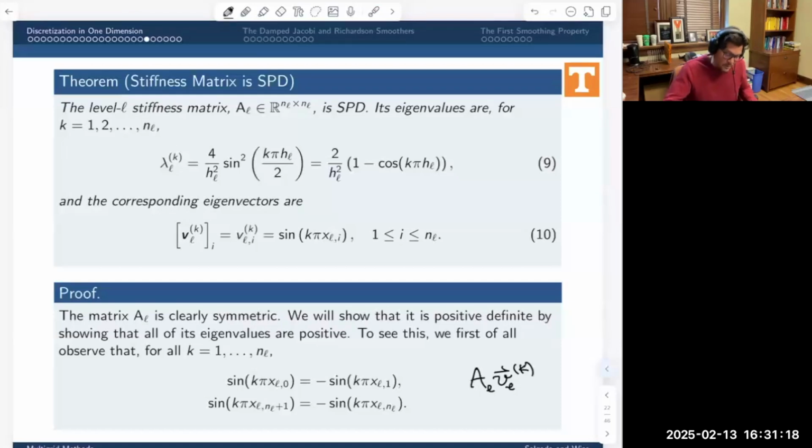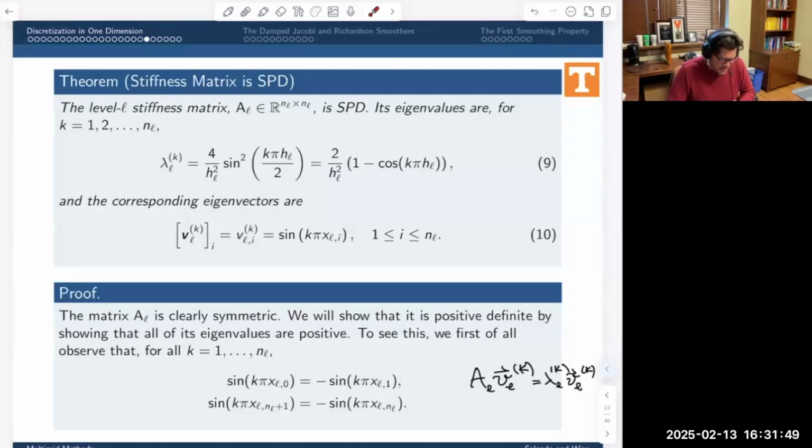You multiply it by AL, and you should get out an eigenvalue, lambda LK, times that vector VLK in return. There shouldn't be any confusion here. Do the matrix-vector multiplication and see if you really do get the eigenvalue times an eigenvector in return. We'll see that that's exactly what we get in this case.